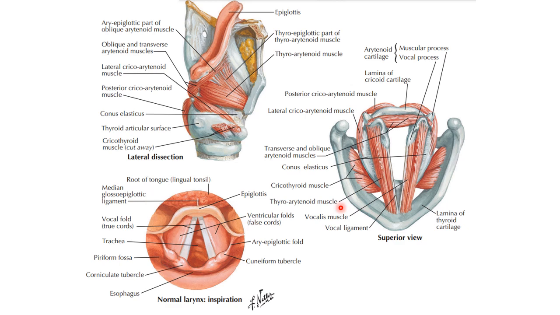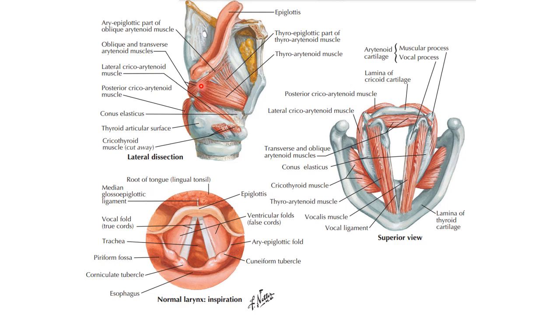So this picture will show you the anatomy of these muscles in the larynx. Okay, so so far we have discussed the rest except this one. You have here a thyroarytenoid muscle which connects the inferior thyroid lamina to the muscular process of the arytenoid.